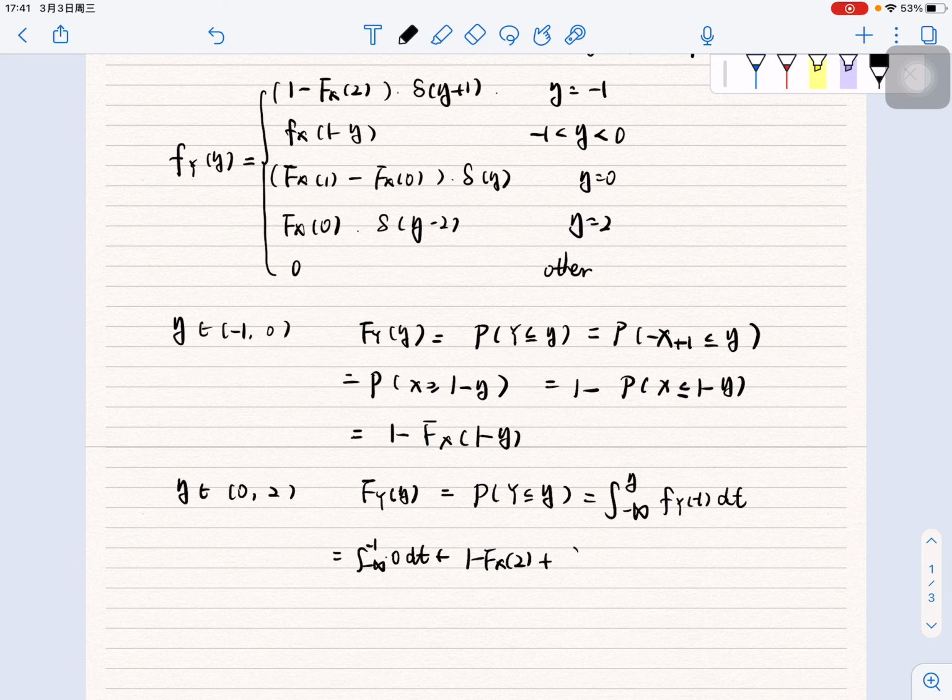And then the integration from minus 1 to 0. Here it is fx(1 minus t) dt, and the value at t equals 0 is Fx(1) minus Fx(0).